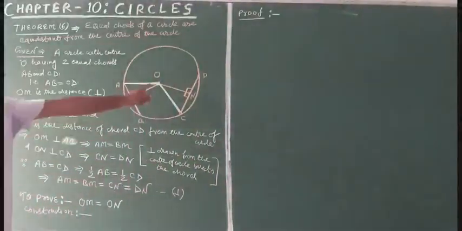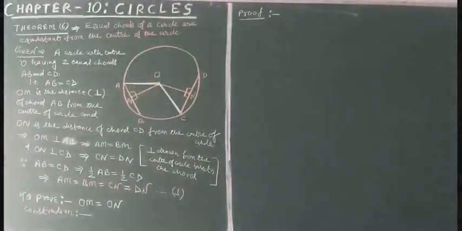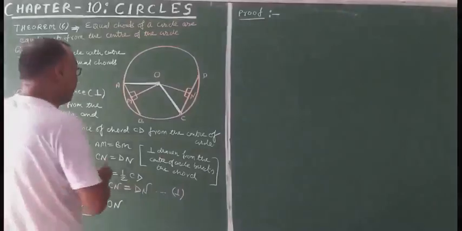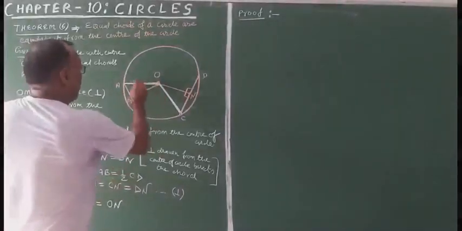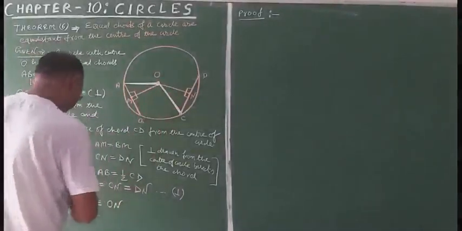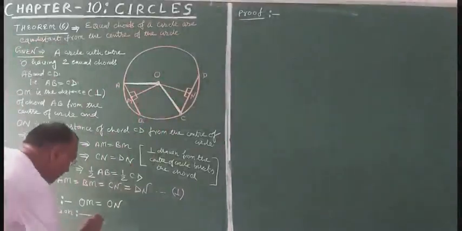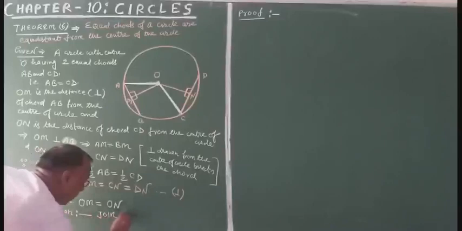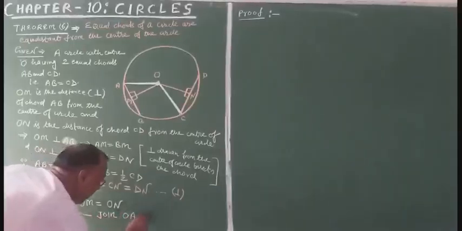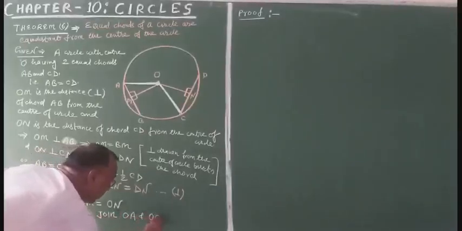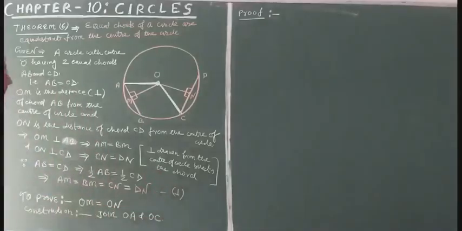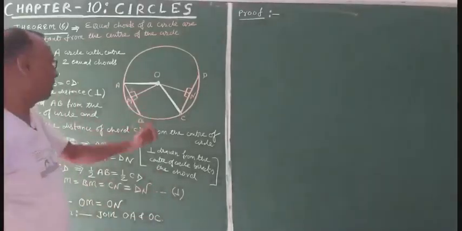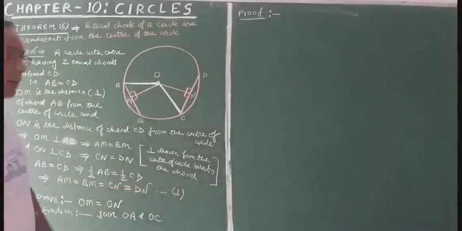See these white lines. I am joining OA and OC. Join OA and OC. Is it there? OA and OC, we have to join. Now just look at the proof.